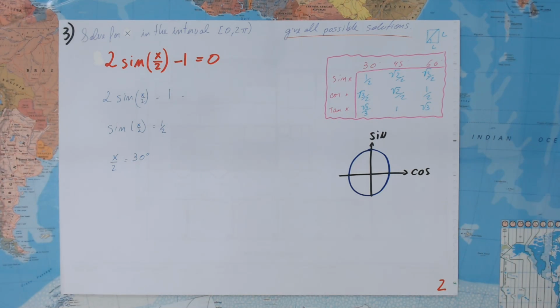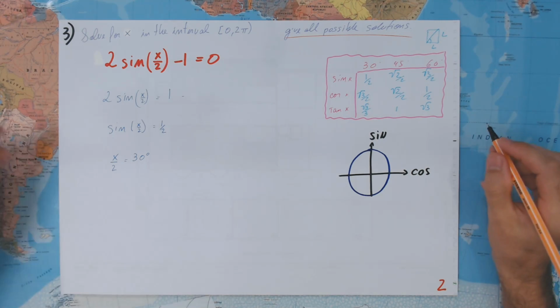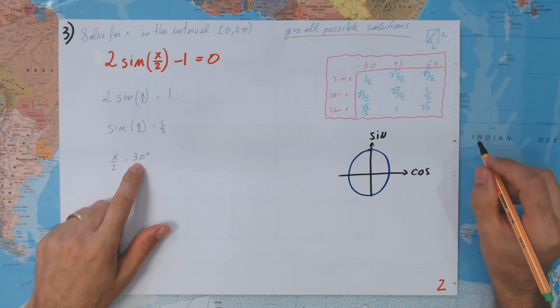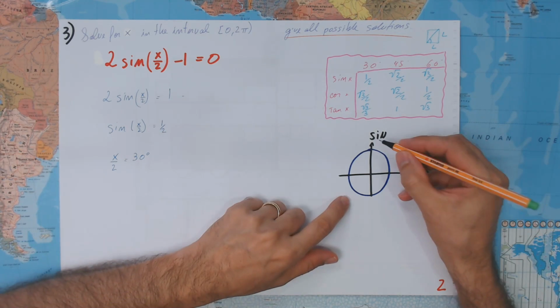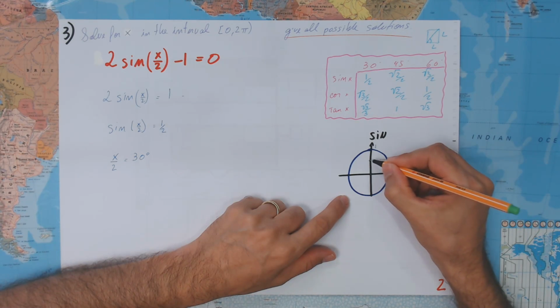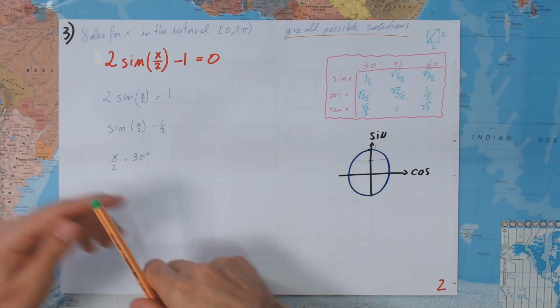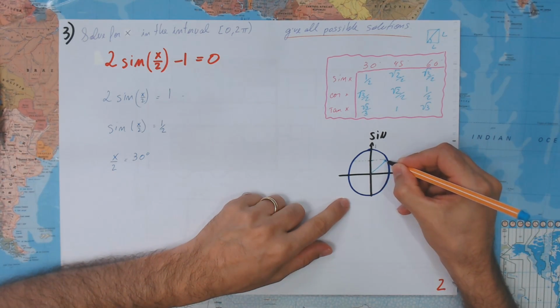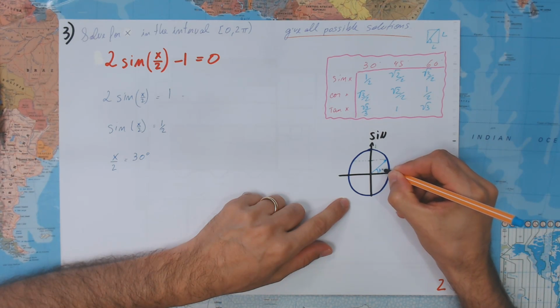Where is my green pen? It's in here. Okay, now the sine of something is a half, right? It is just half. Well, if this is 1, half is just like this. It's here.